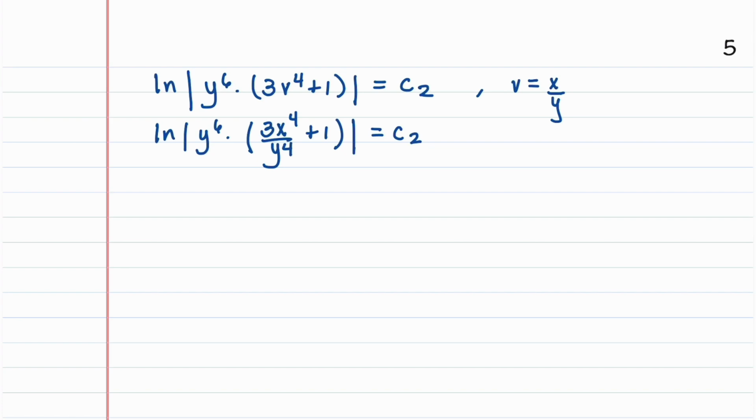Let's now multiply the y to the 6th through, and this gives us natural log of (3x to the 4th y squared plus y to the 6th). And then let's pull back out a y squared. In hindsight, we could have just multiplied by y to the 4th.